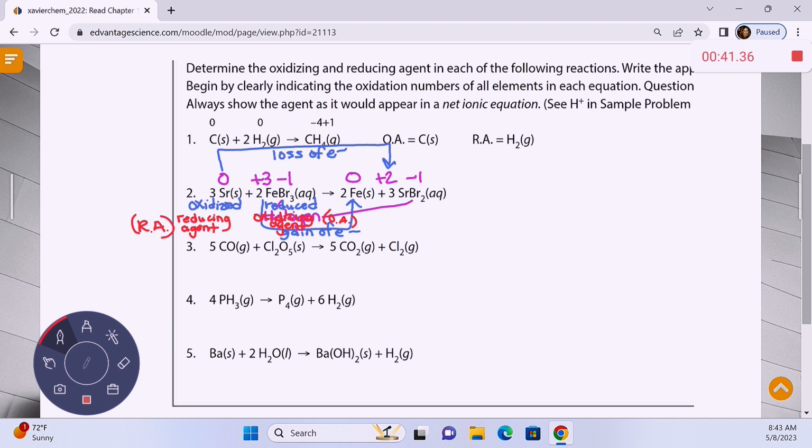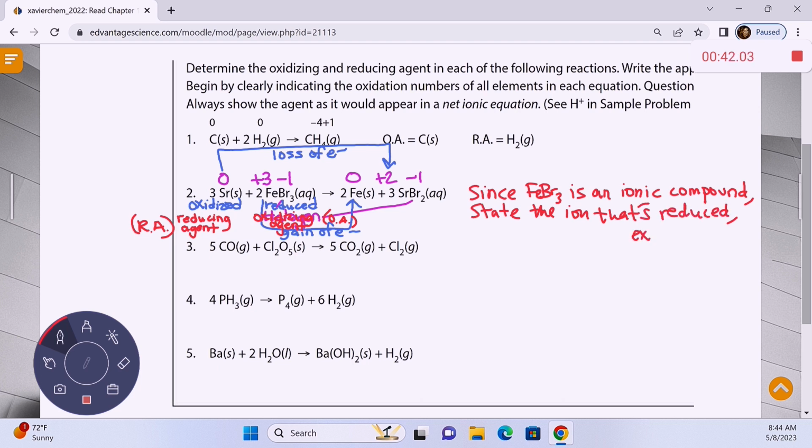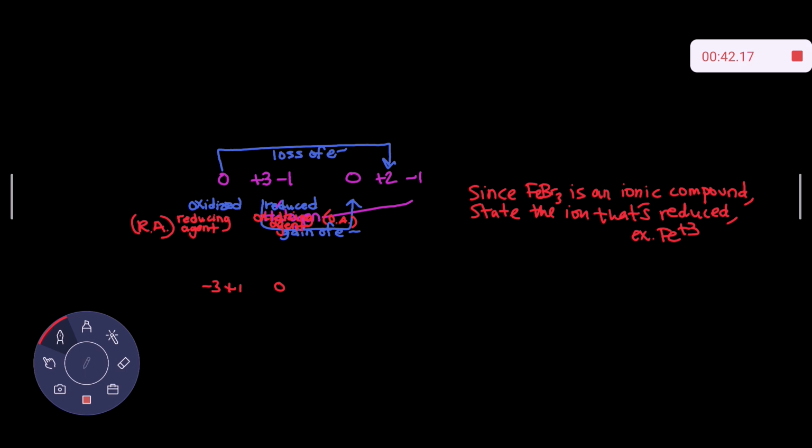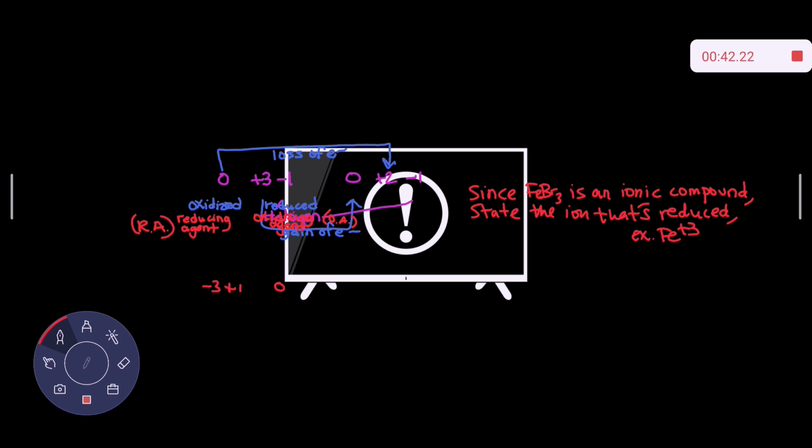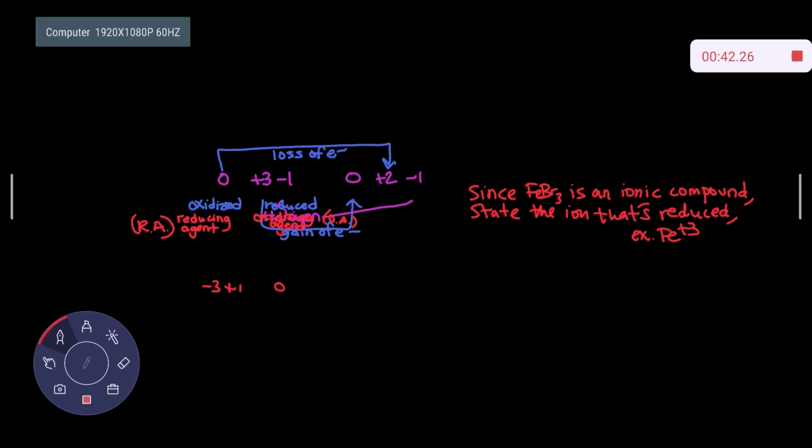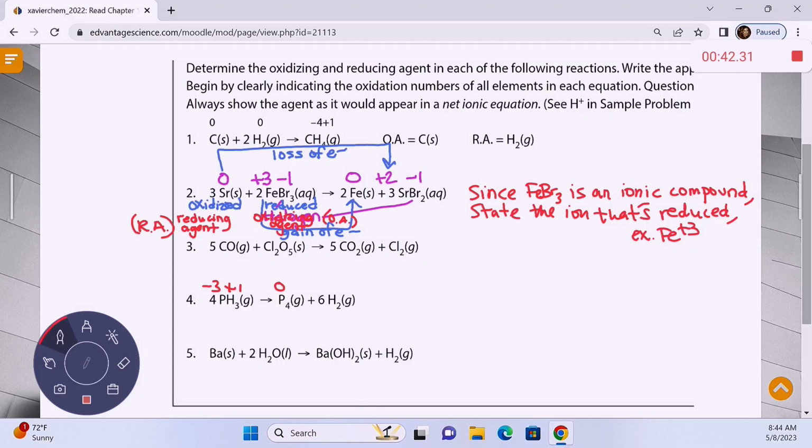So then phosphorus will be negative. I'm just so confused about which part. Okay, I know we did it right.